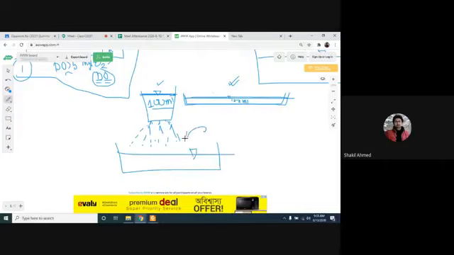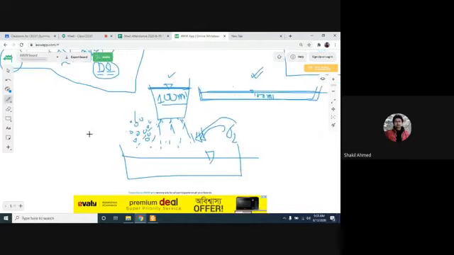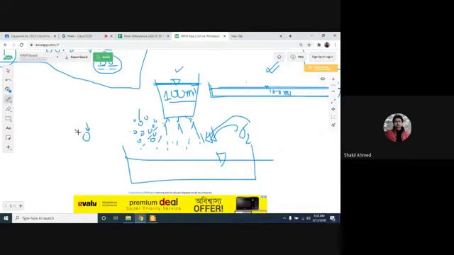More oxygen from air will dissolve in the water because this is a droplet, right? When you make a droplet, it can get oxygen from all around, unlike this case, where only this portion is in contact.